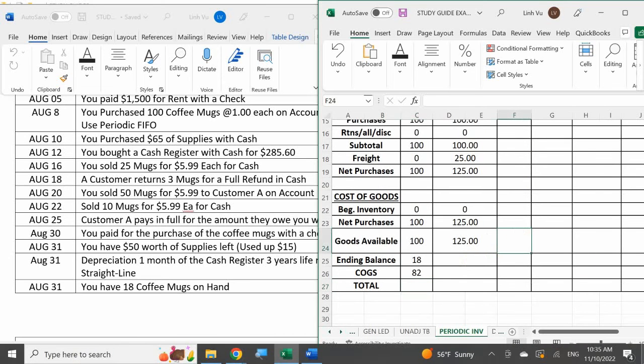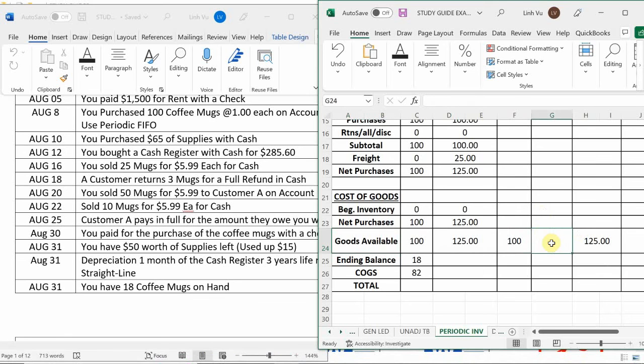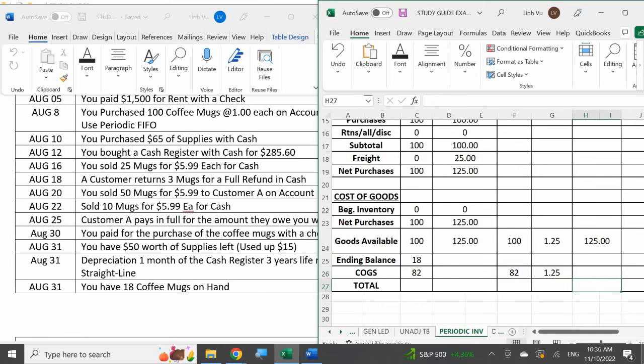So what am I going to do here? How do I figure out the total cost of my goods sold if each coffee mug is $1.25? So it would be $77.50. I did not get that. You did 82 times $1.25.